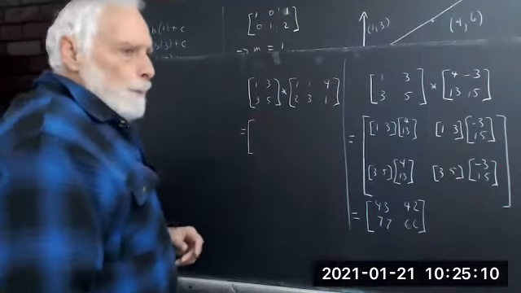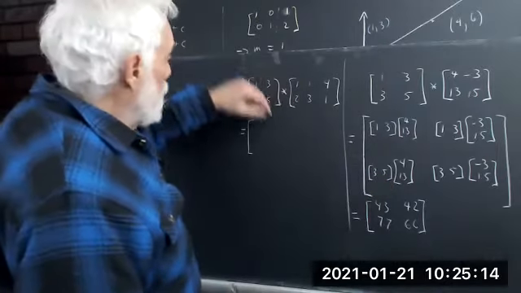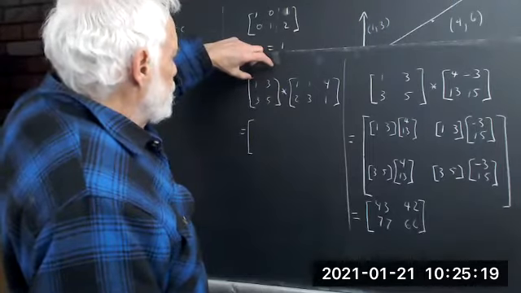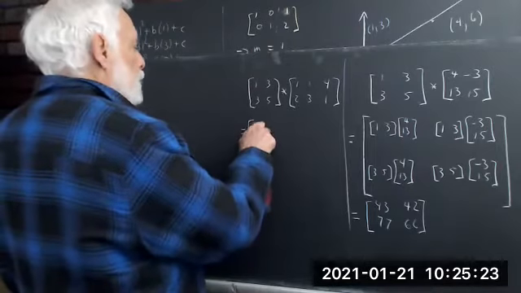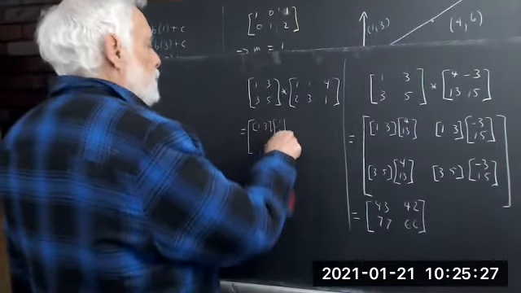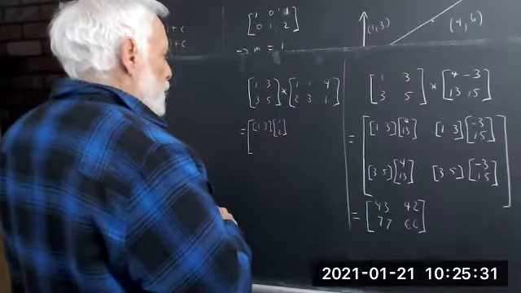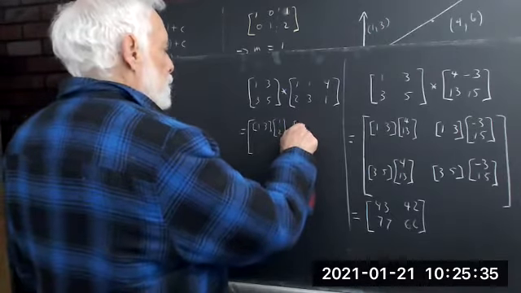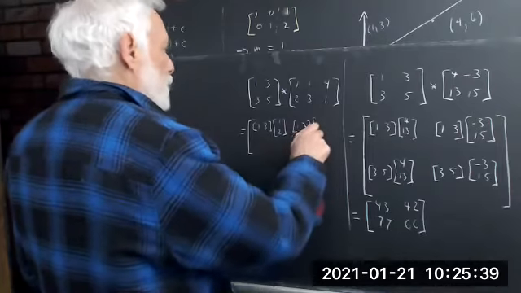So we have what? I'm not going to write it out this way, but the first row times the first column is going to be, oh, what the heck, I'm going to write it out. 1, 3 times 1, 2. 1, 3. I'm not going to have enough room.